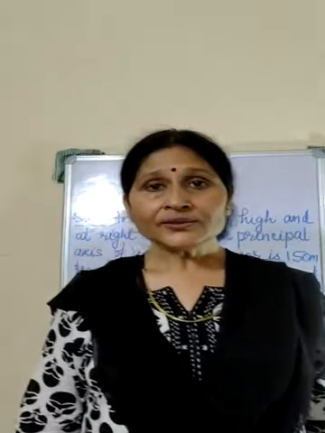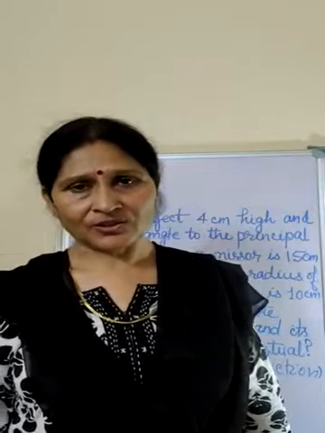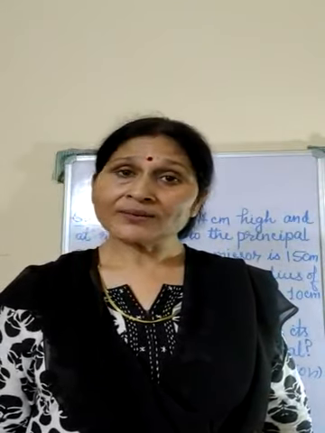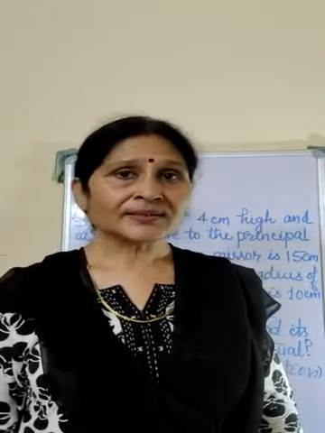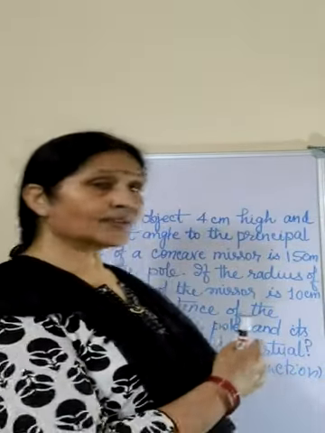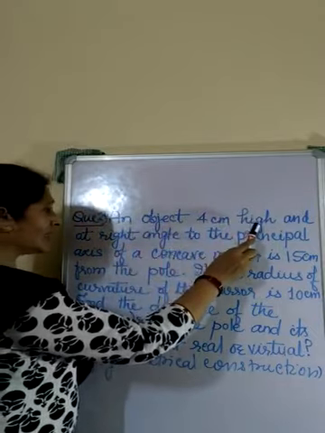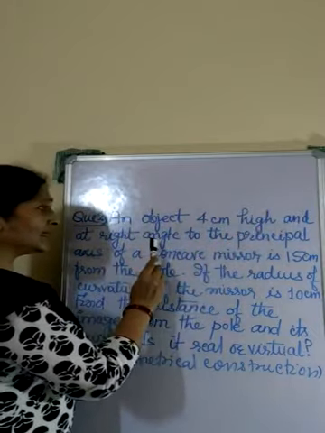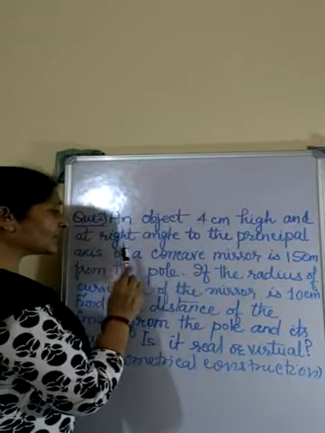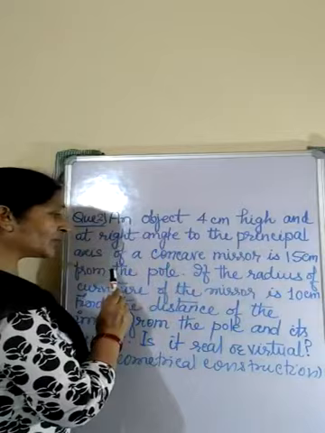Let us solve some problems based on geometrical construction, because some of you have requested to discuss such type of questions again. Let us see what is given in this question. An object 4 centimeter high and at right angle to the principal axis of a concave mirror is 15 centimeter from the pole.